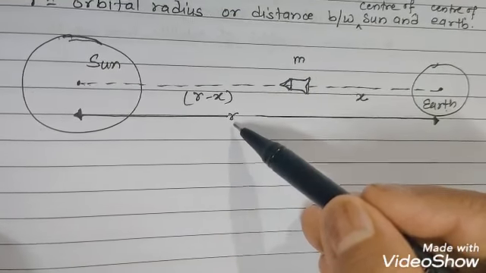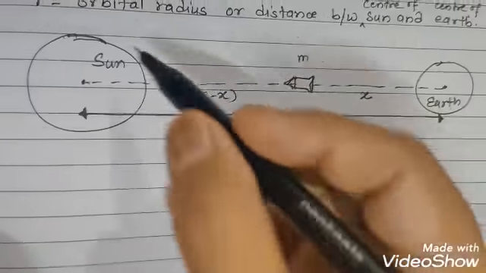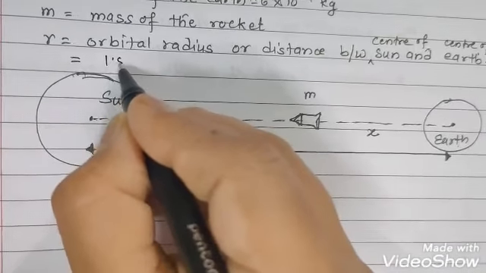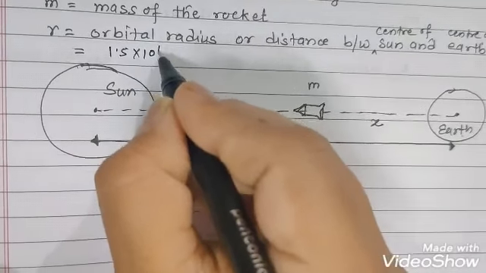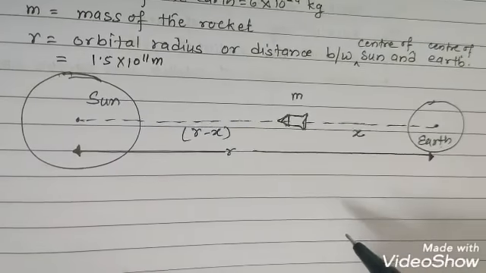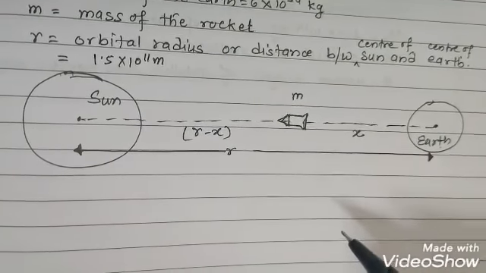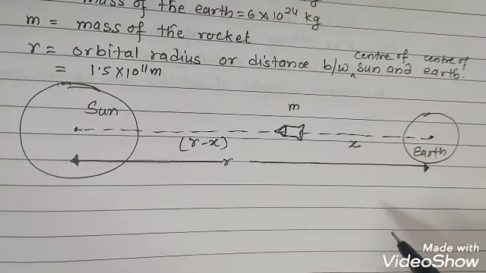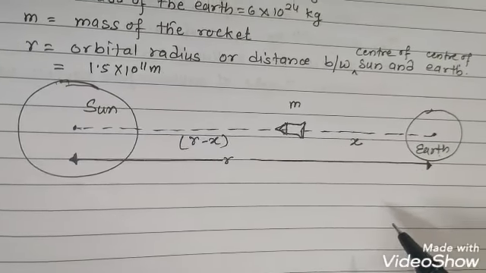The value of r is given to us, that is 1.5 into 10 to the power 11 meter. We also call this an astronomical unit, that 1 astronomical unit is 1.5 into 10 to the power 11 meter.